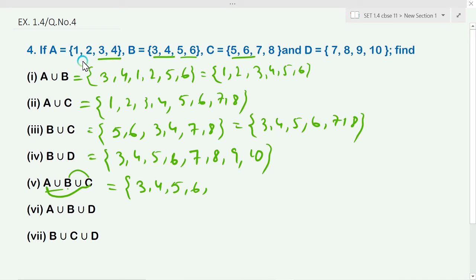After that, write all the other numbers, that is 1 and 2 for A, B is already written, and the other numbers in C are 7 8. Now just write in order, that is 1 2 3 4 5 6 7 and 8. Okay.